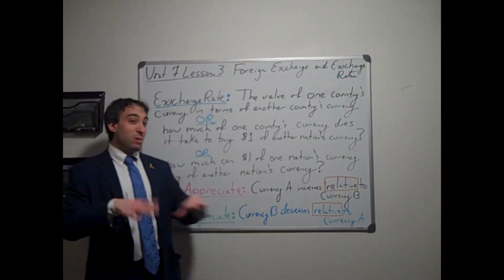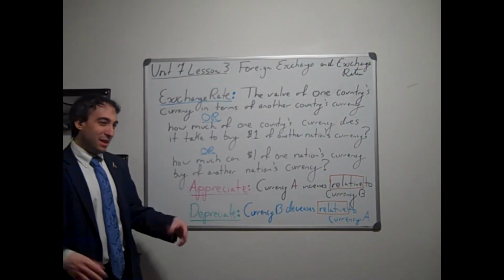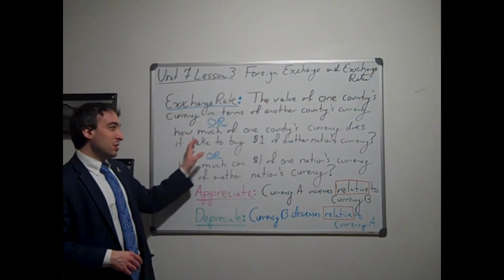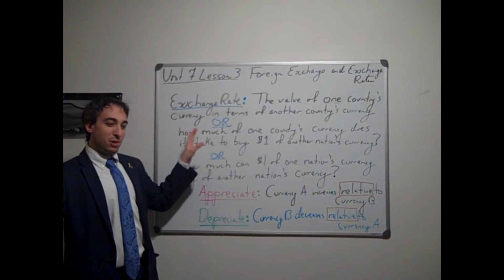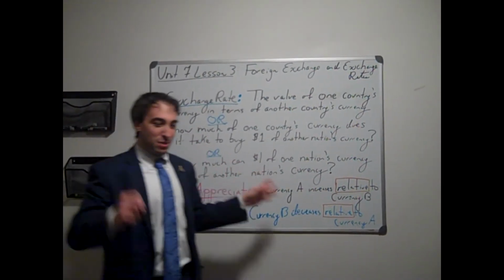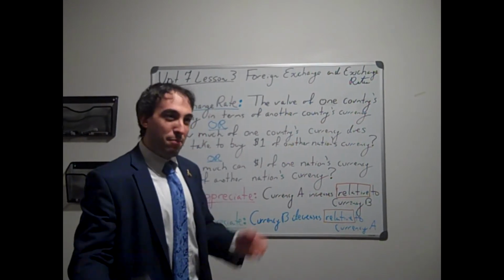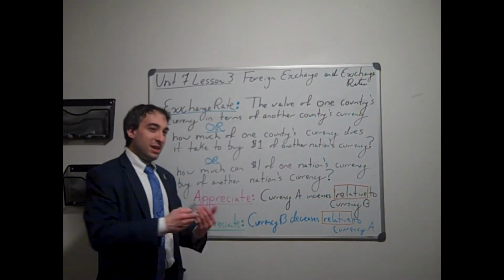So just immediately, what is the question asking about the relationship between those currencies? Does it take a lot of one currency to buy $1? Then, like I said, with the Mexican peso example, if it takes 20 pesos to buy $1 American dollar, the peso is depreciated against the dollar.